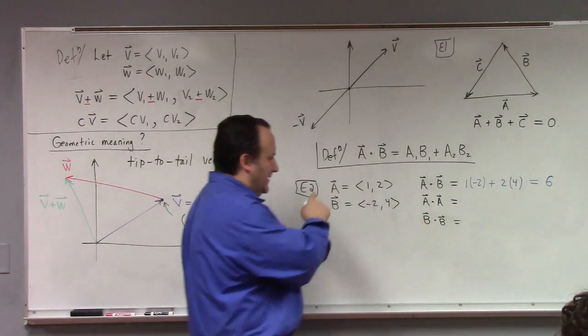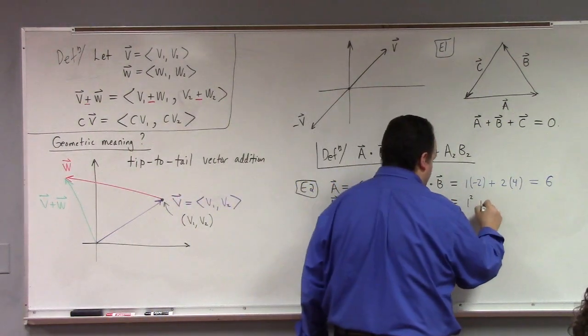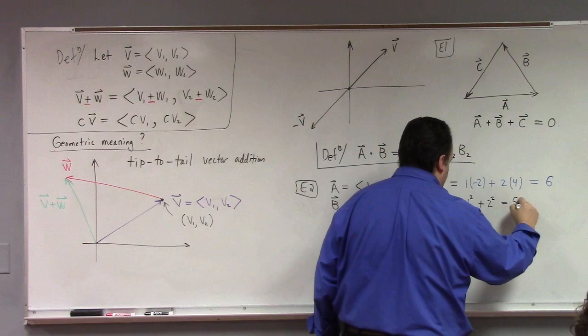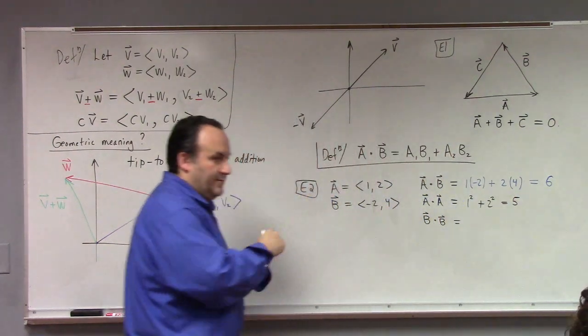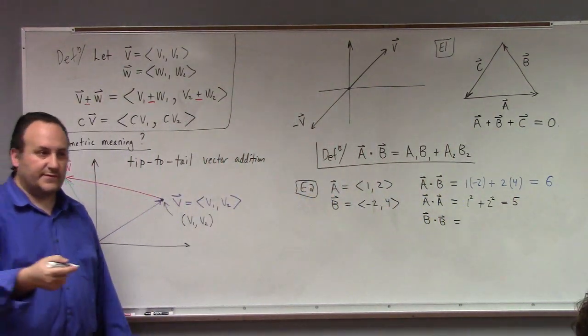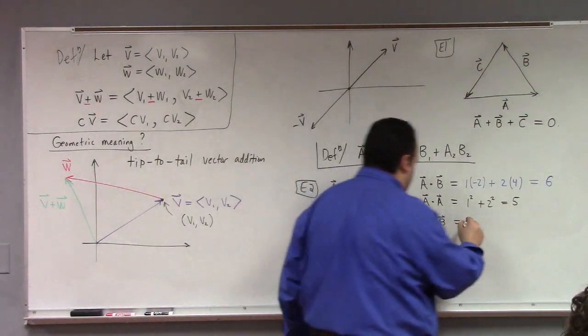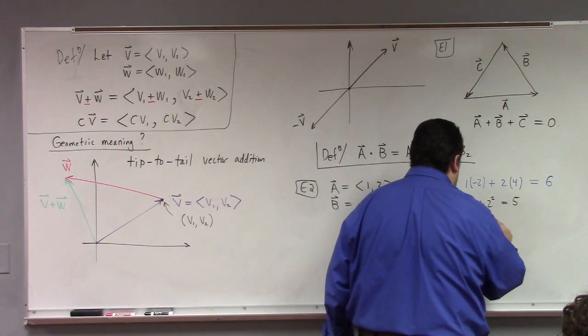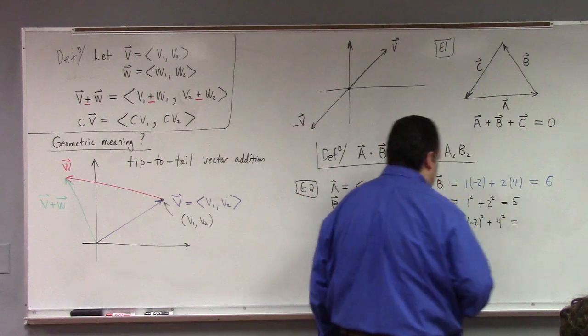So we get 1 squared plus 2 squared, right? Also known as 5. B dot B, we get -2 squared plus 4 squared, right? Can you guys tell me what the significance of those numbers is?